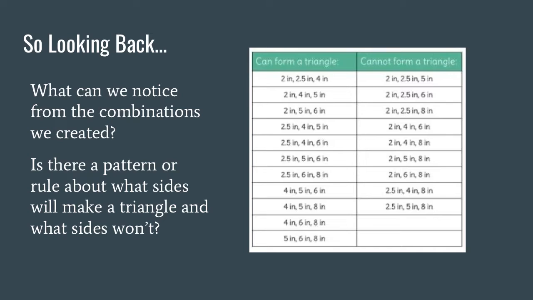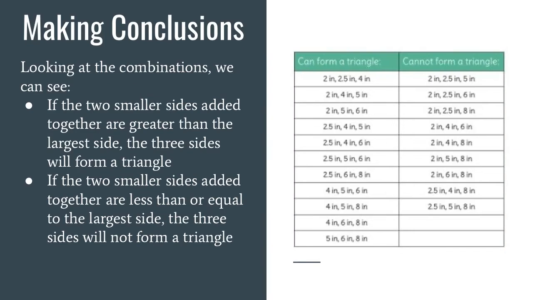Is there something in these numbers that can give us a rule? Making conclusions, if we look at the combinations that form triangles and the ones that don't, you find that if the two smaller sides added together are greater than the largest side, then the 3 sides will form a triangle.